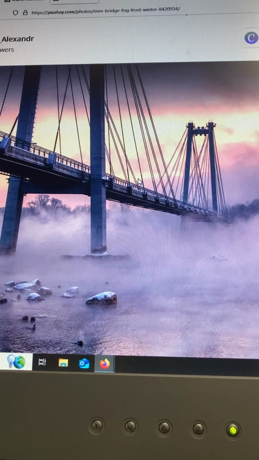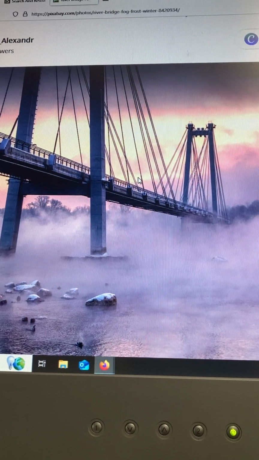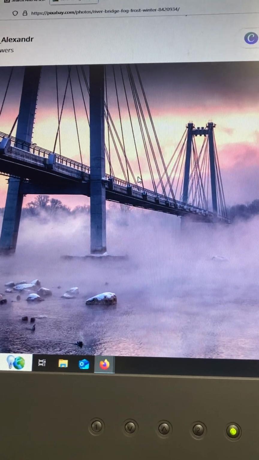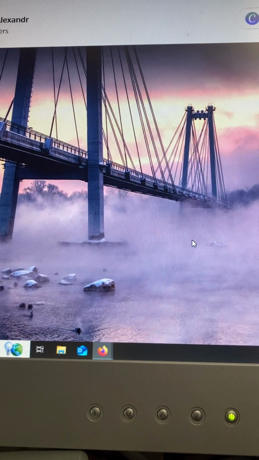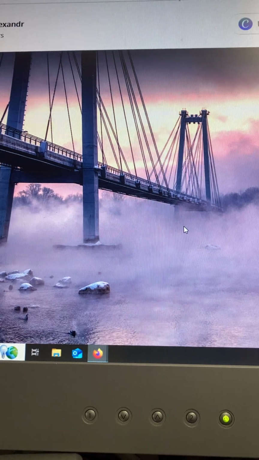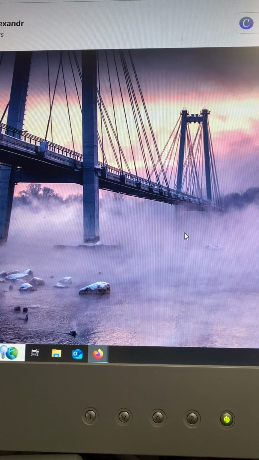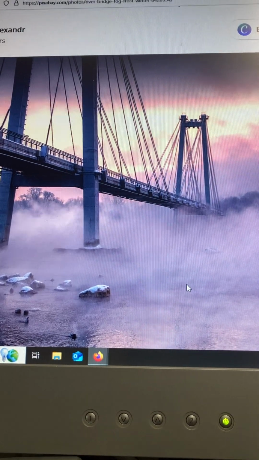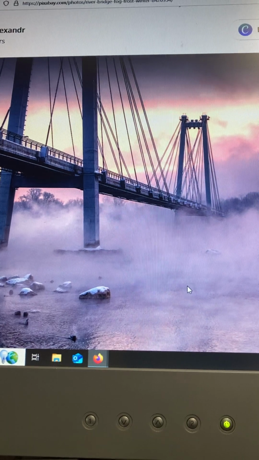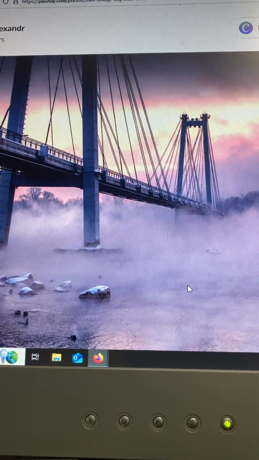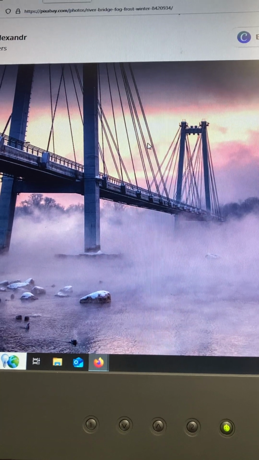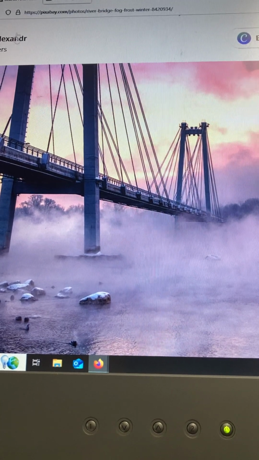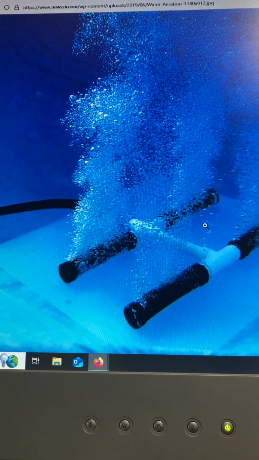If you were up on the bridge, let's say it's 10 degrees below zero. Down in the fog here, it would be considerably warmer, maybe 10 degrees warmer or more. And then, of course, the water is going to be even warmer than that, which is why it's creating fog. So aeration overcomes that by pumping this colder air up here directly down into the water and releasing it there.